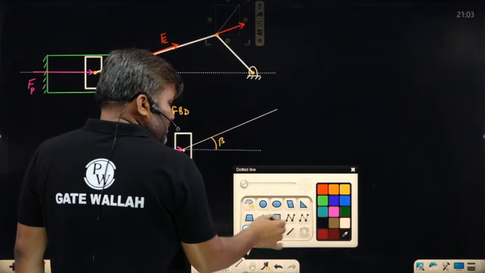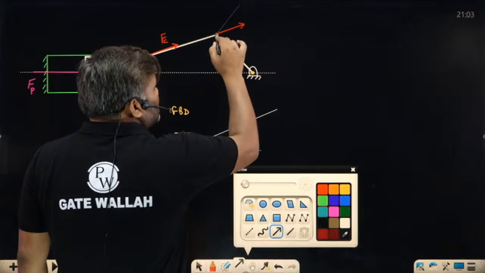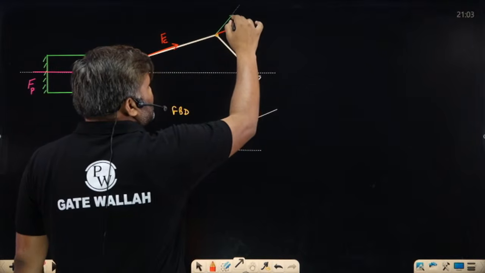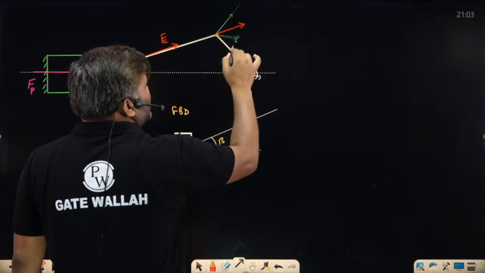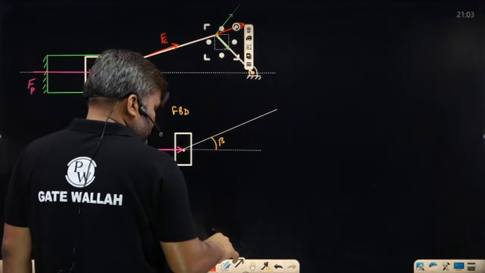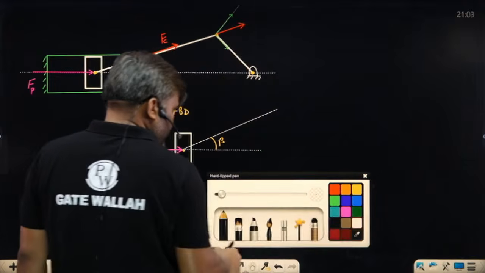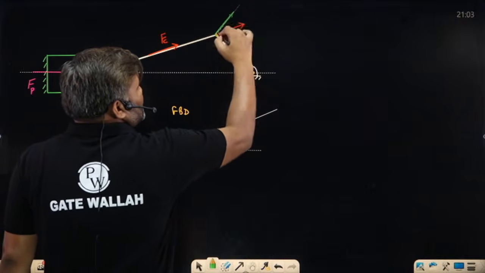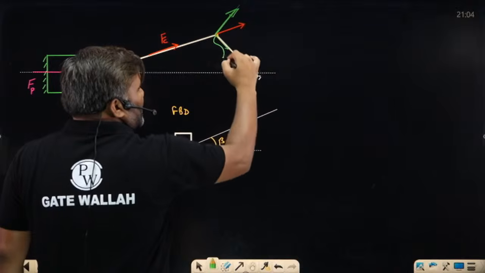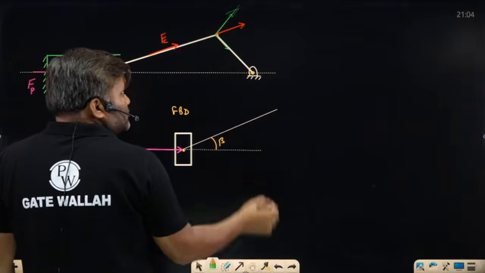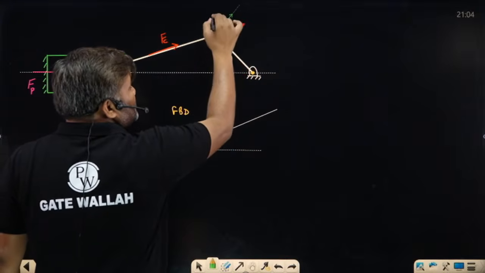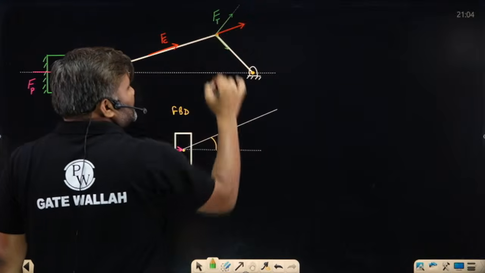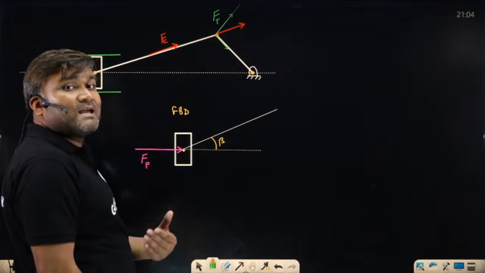We take one component in this direction and one component in this direction. This component multiplied by radius r will provide some torque. So I call this component the torque providing component, FT. This is called the crank effort.